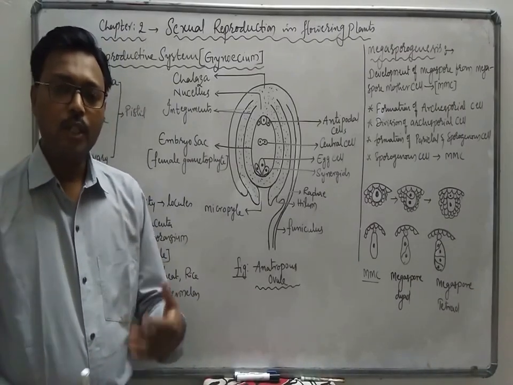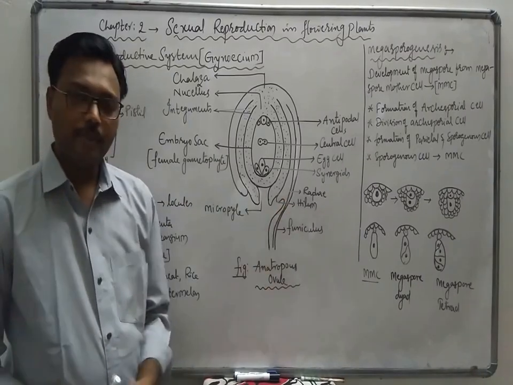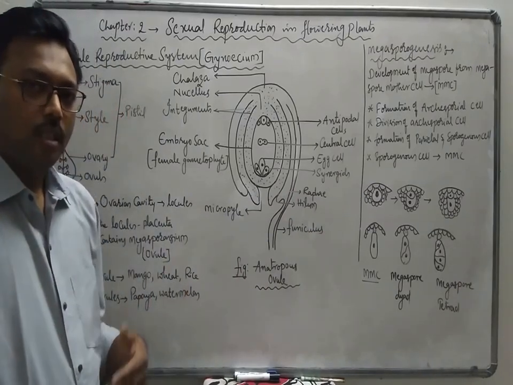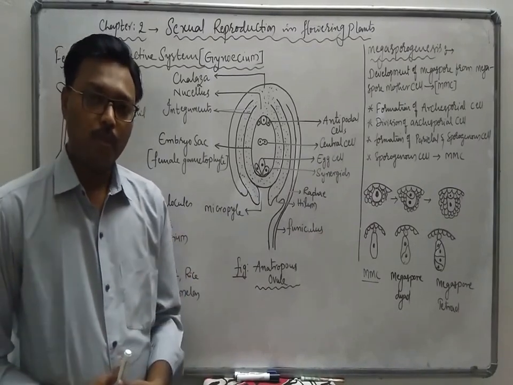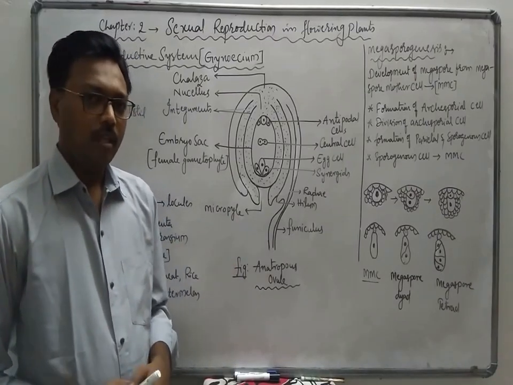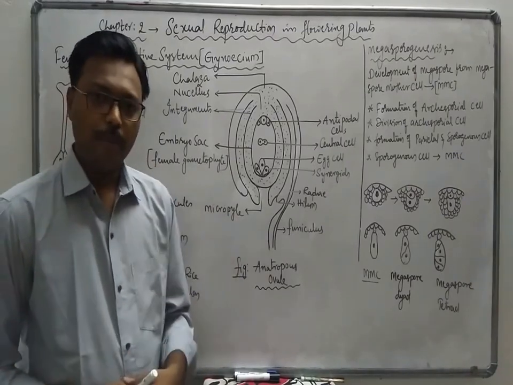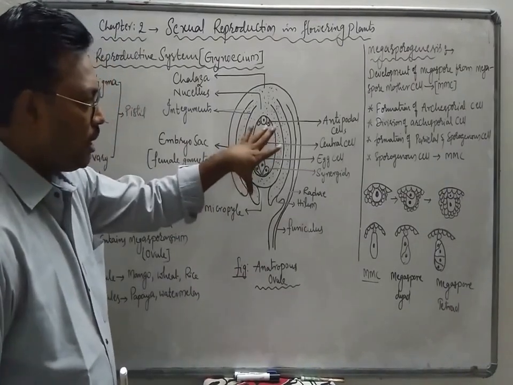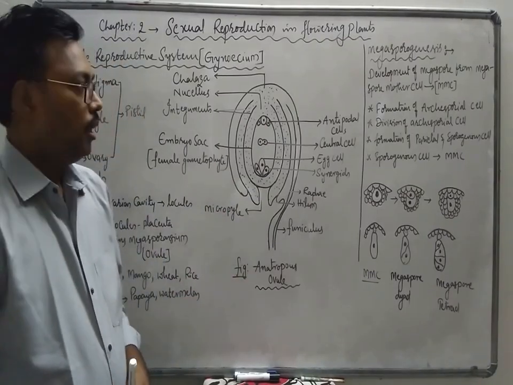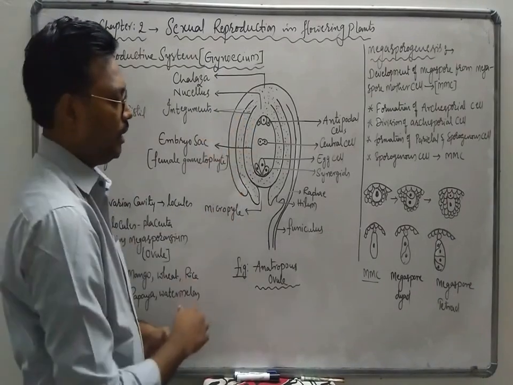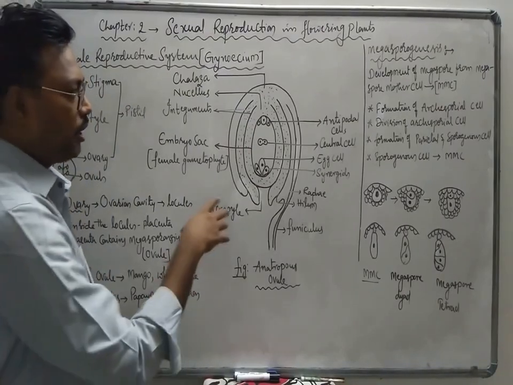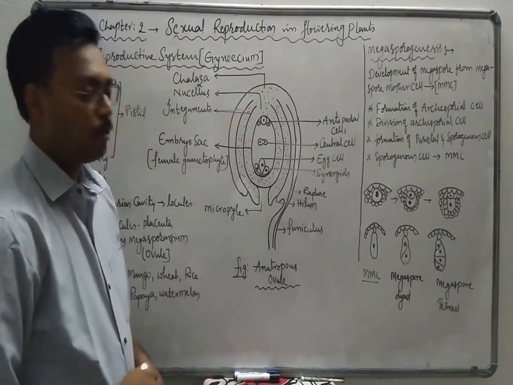In angiosperms, the ovules are of different types like atropous, anatropous, campylotropous, orthotropous, hemitropous, circinotropous. But the majority of angiosperm plants have the basic type called the anatropous ovule, which is just an inverted ovule.